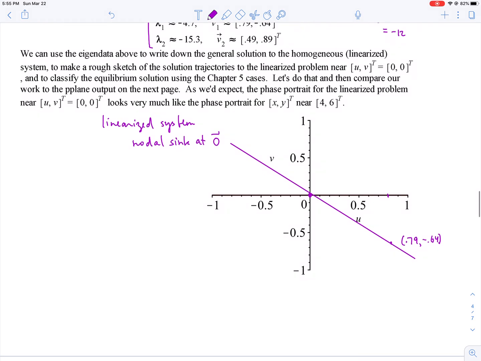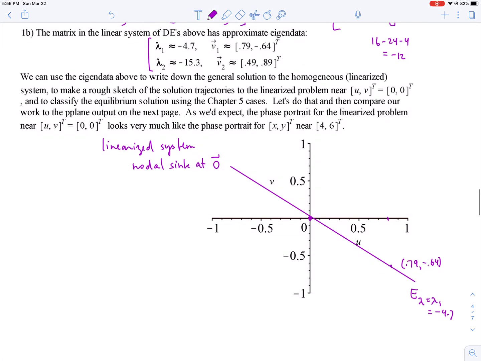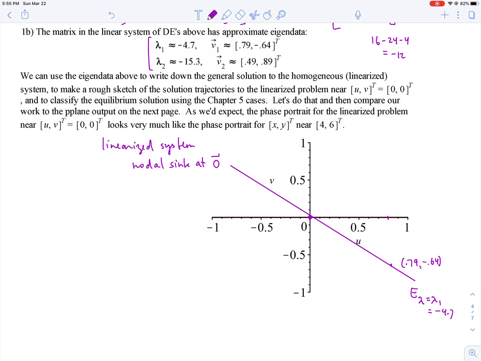So this is the eigenspace for lambda equals lambda 1, let's say, which is negative 4.7. And for lambda 2, the eigenvector is about 0.49, 0.89. And the eigenspace of position vectors is all multiples of that.